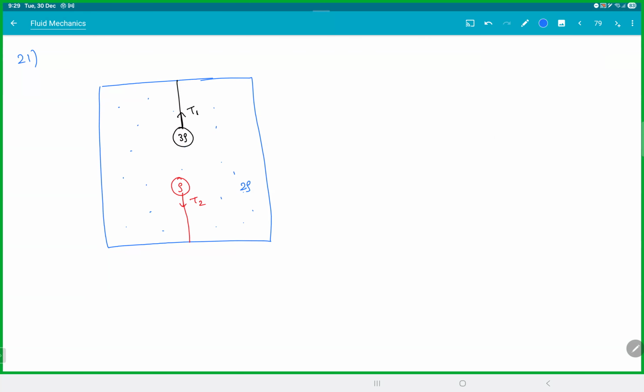V is the volume of the balls. Initially, the system is at rest. If the system accelerates up, what happens to T1, T2? Increase, decrease, remain same. This is a pretty good mains question. What happens to T1 and what happens to T2? If the system accelerates horizontally to the right, draw the position of the pendulums.